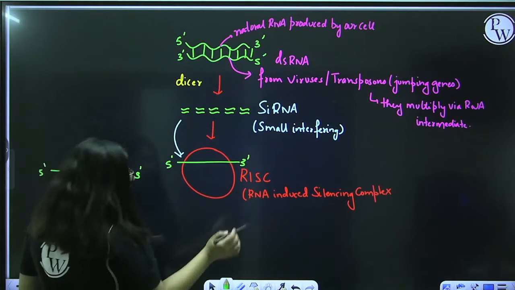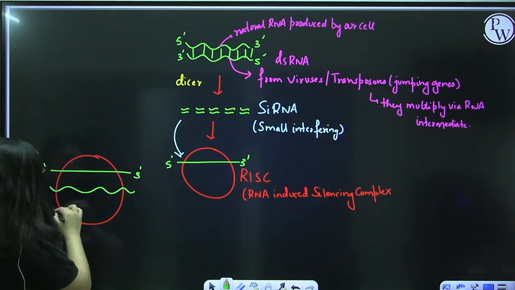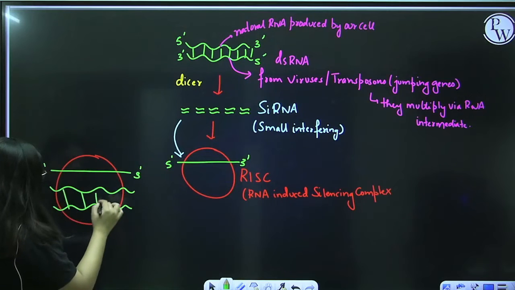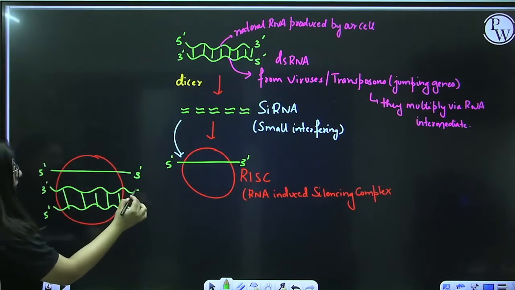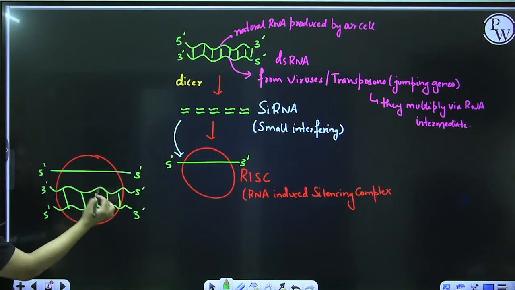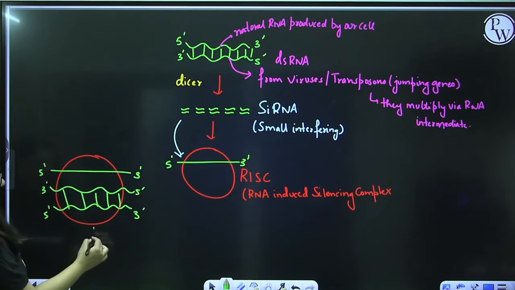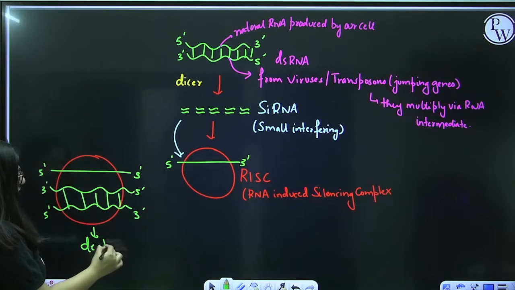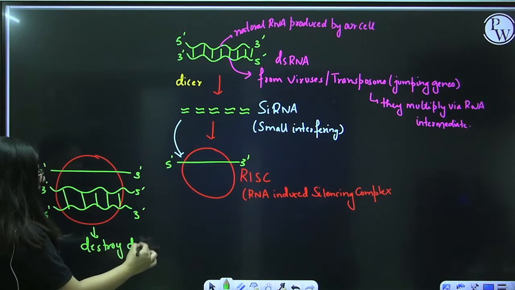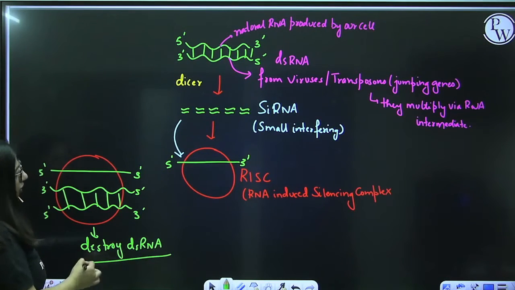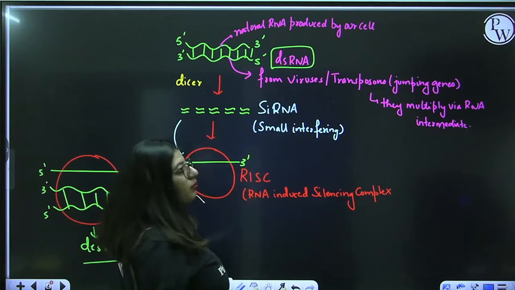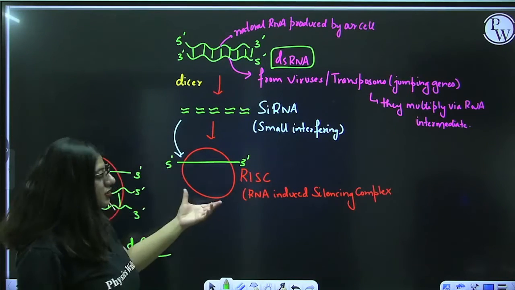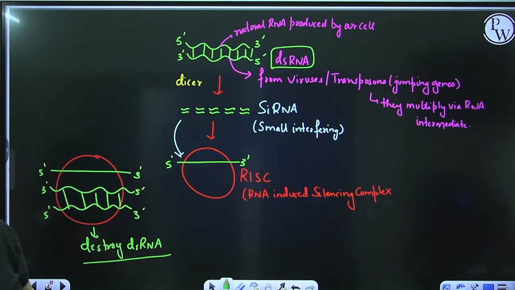And we have this RNA roaming around, double-stranded RNA. It has identified this strand because it is complementary to this one. And now the RISC will destroy the double-stranded RNA. So this is how you can destroy this double-stranded RNA, which is not supposed to be formed in our body, with the help of certain enzymes like dicer and RISC. Fine.